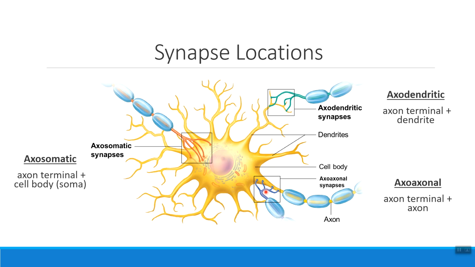With each of these types of synapses, make sure you know where they're found on the postsynaptic neuron. Use those hints in their name, whether it's part of the dendrite, whether it's the soma, the cell body, or whether it's that axon or axon hillock. Their name helps us to figure out where they're found.